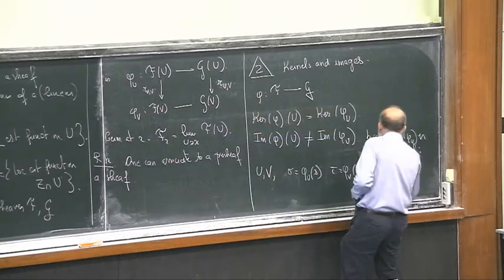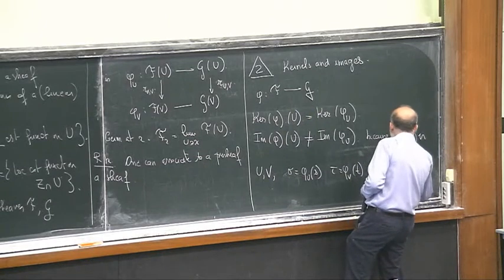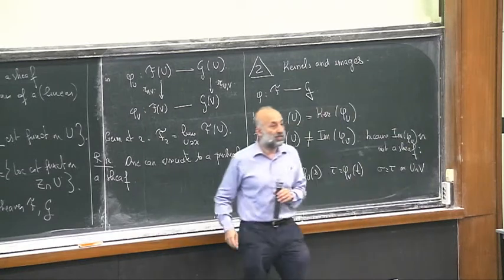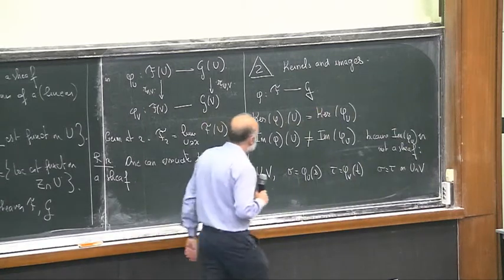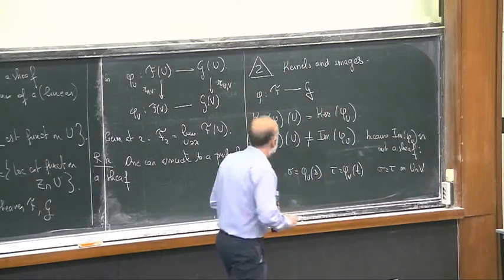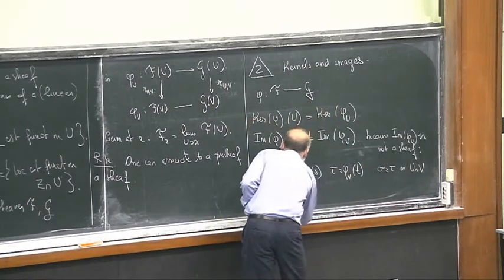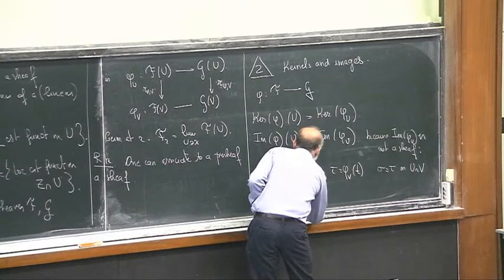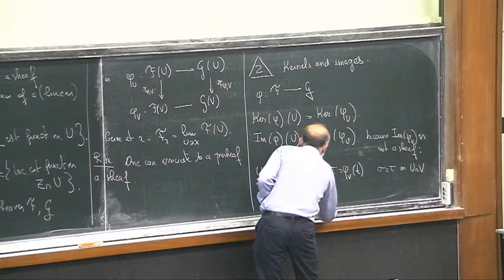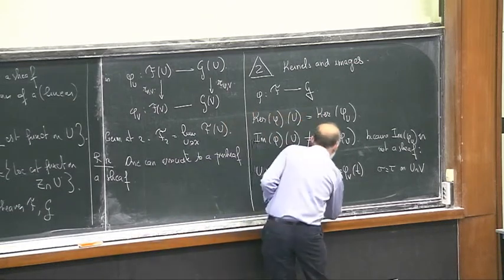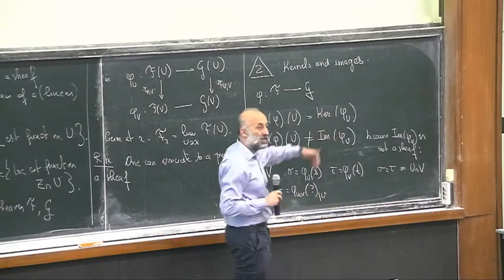And you assume that sigma is equal to tau on the overlap. Well, the question is, can you glue together sigma and tau to be the image of something? So is sigma the restriction of phi of U union V of something restricted to U and the same for tau?